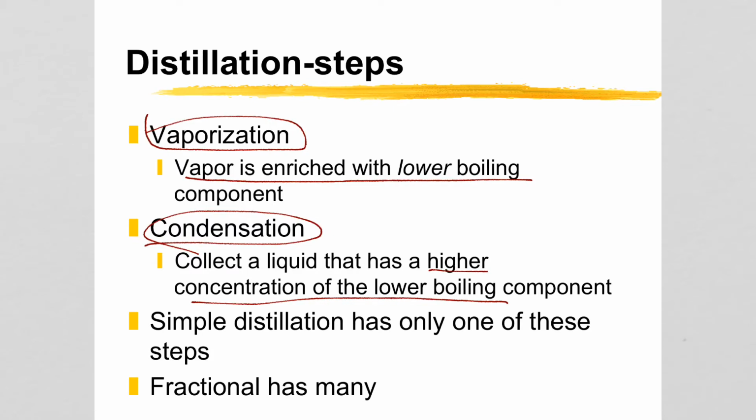Now in simple distillation we have only one vaporization condensation step. Each one of those is called a theoretical plate. Simple distillation has only one theoretical plate, and fractional has many, many theoretical plates.